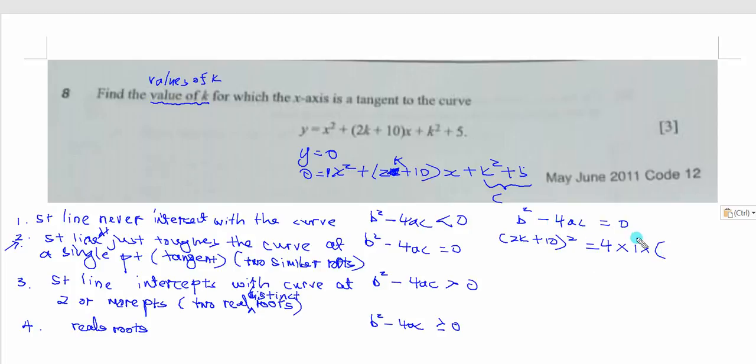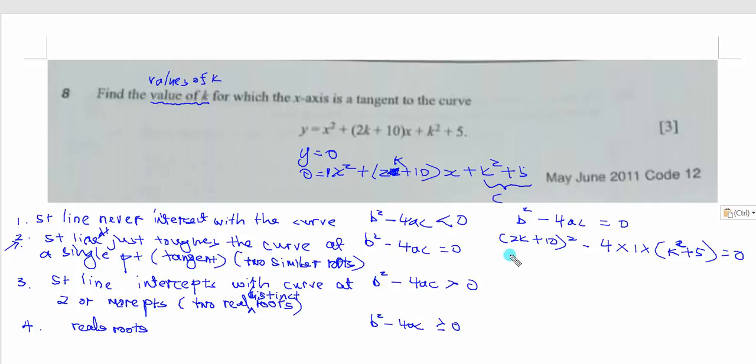Actually, when I write this, I bring this over, which shouldn't be done at this stage. Minus 4 times k square plus 5, equal to 0.